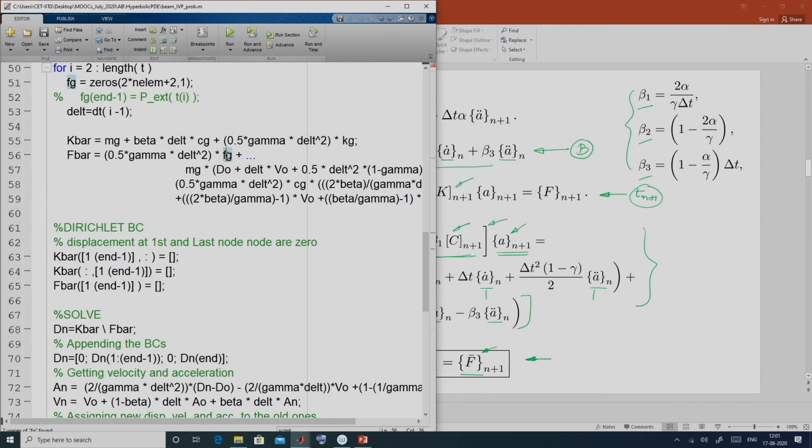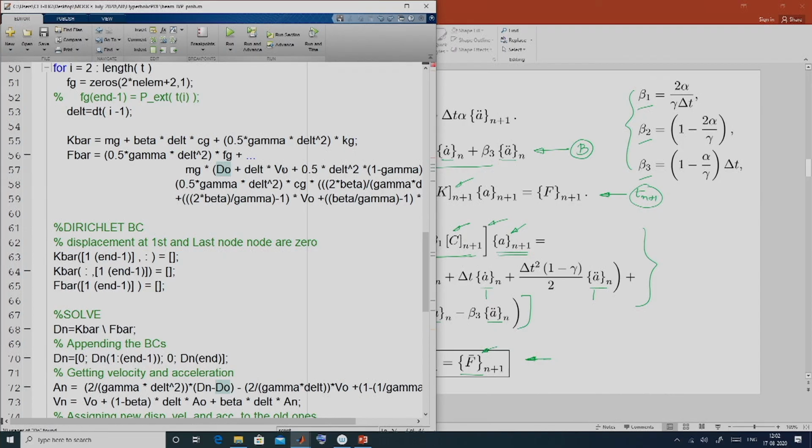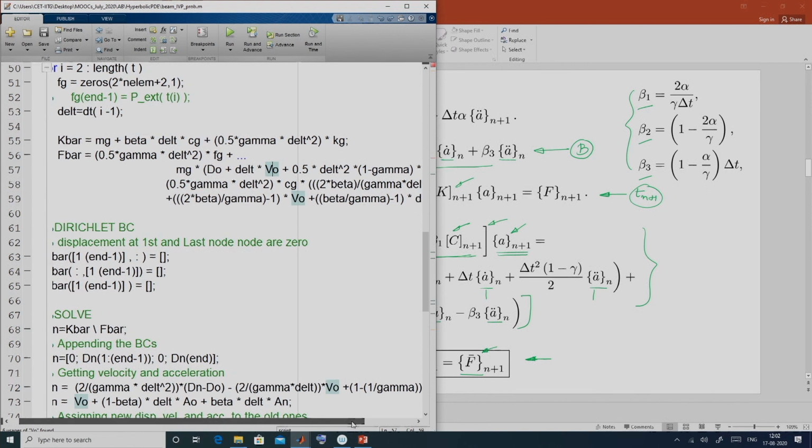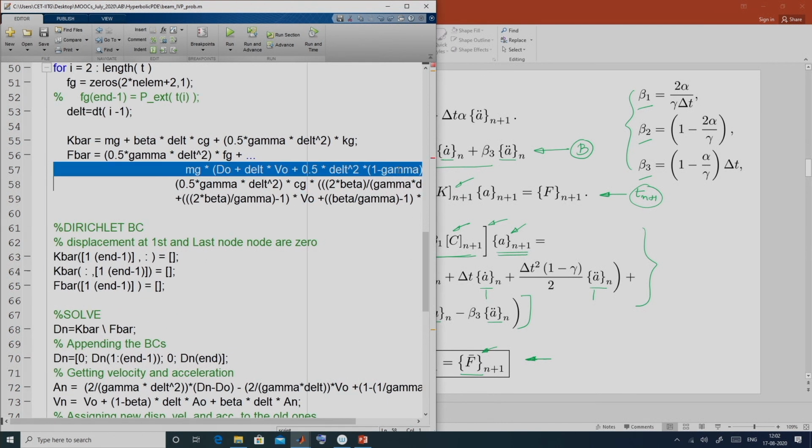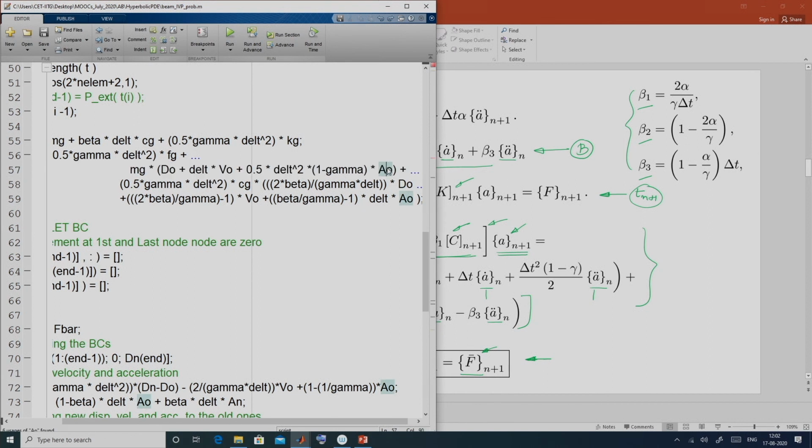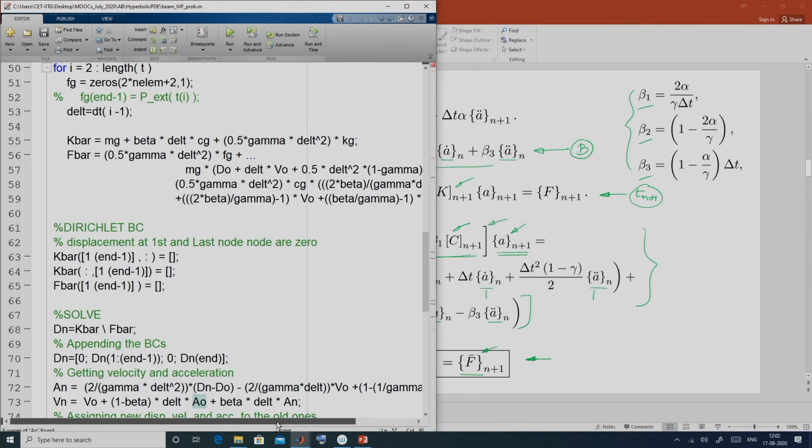In this case this is 0, but in the next problem that I am going to discuss, I have to calculate Fg at every time instant. All other terms, as you see, involve the displacement at the older time step, the velocity at the earlier time step, and if you expand this, the acceleration at the previous time step. This is exactly the same as shown in the slide.